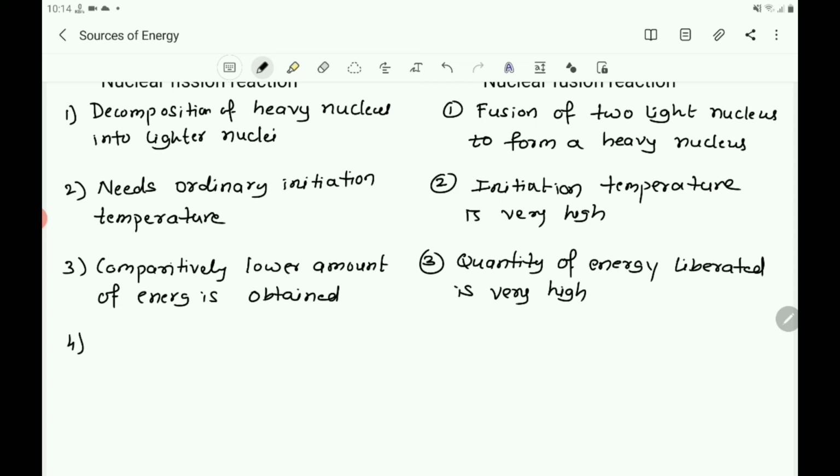Then fourth one you take, products of fission reactions are generally radioactive.